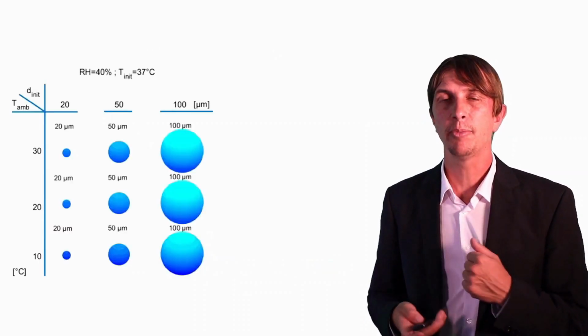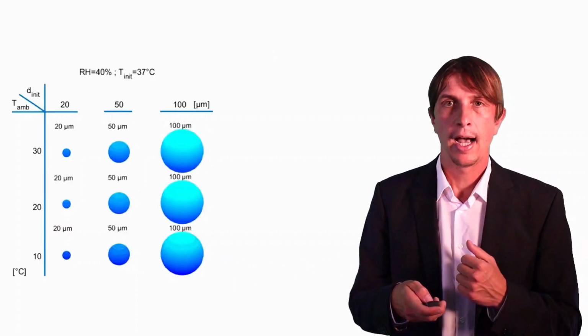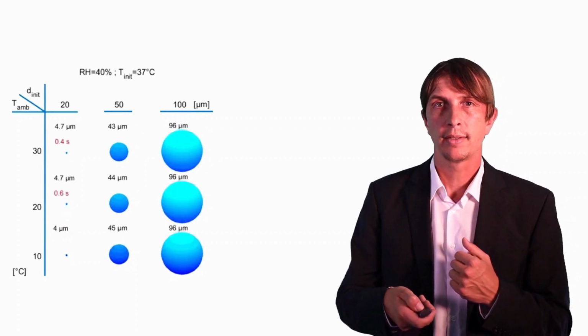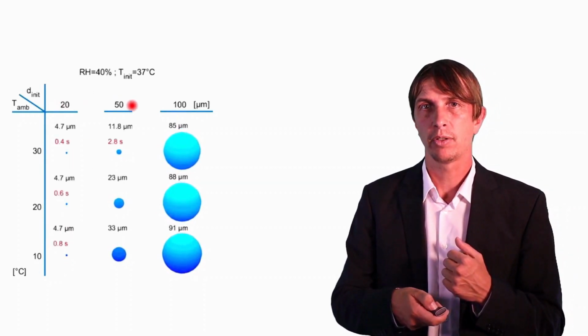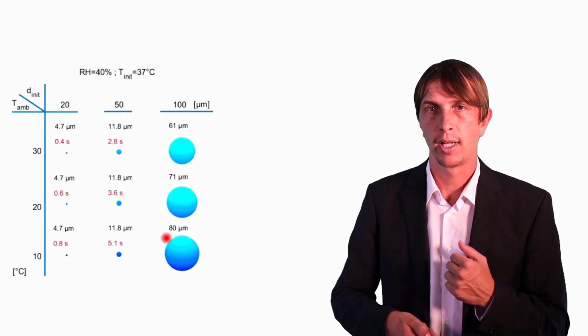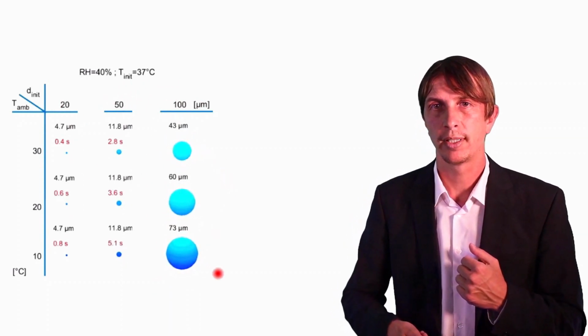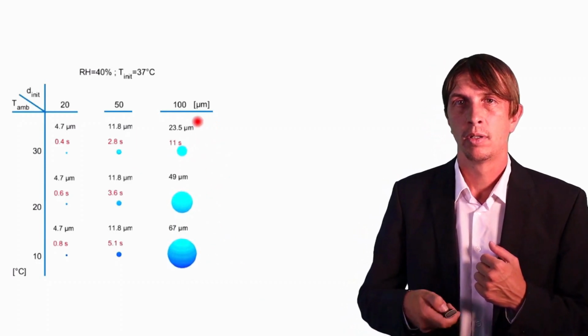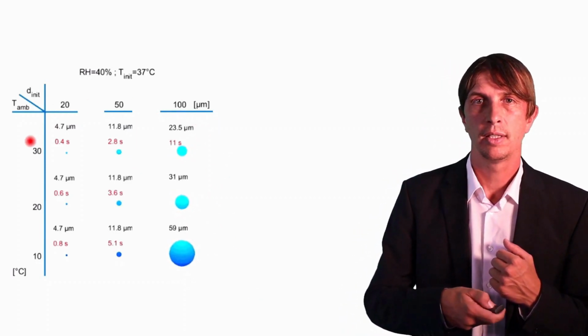So using this model, we have looked at how droplets of diameter 20 microns, 50 and 100 microns are becoming smaller and smaller, how water is evaporating over time, for different sizes and different temperatures.